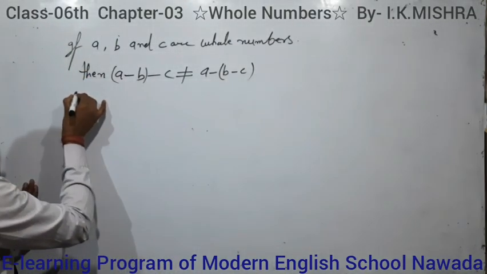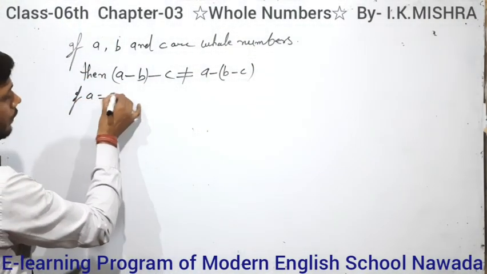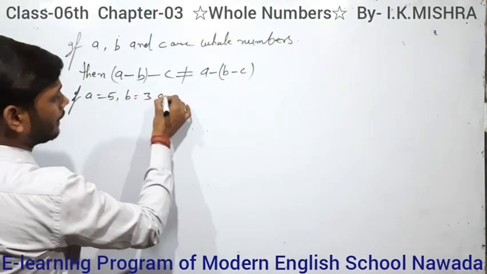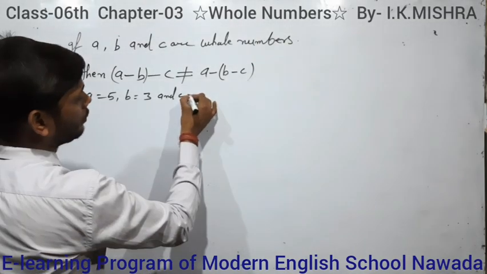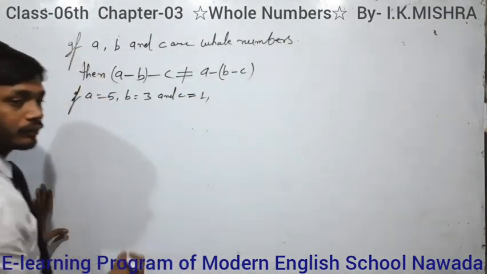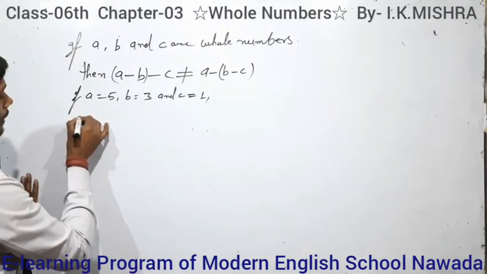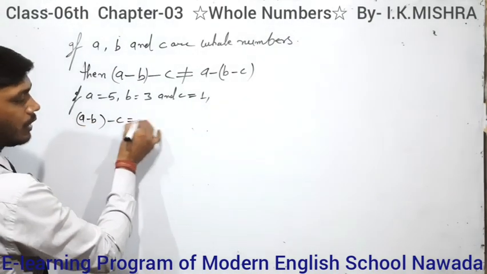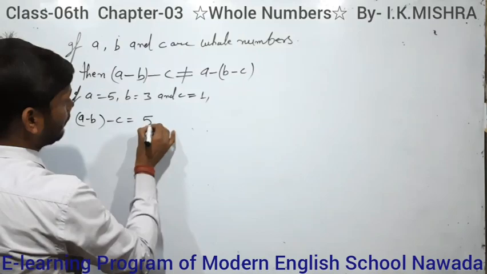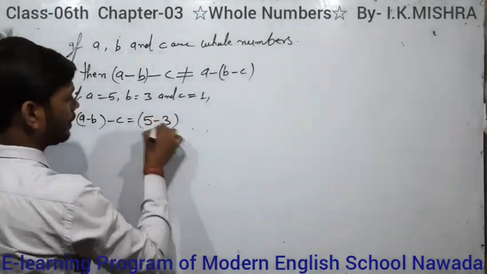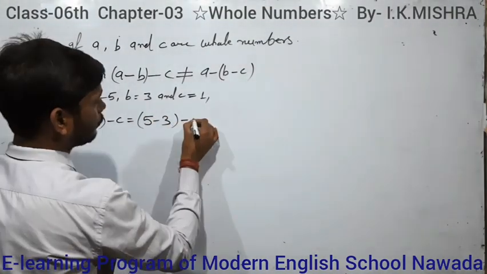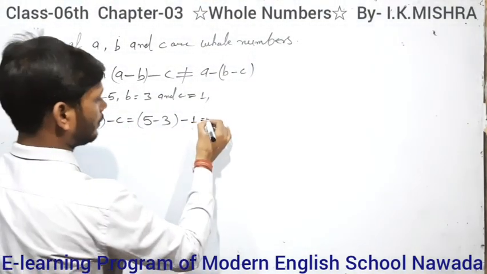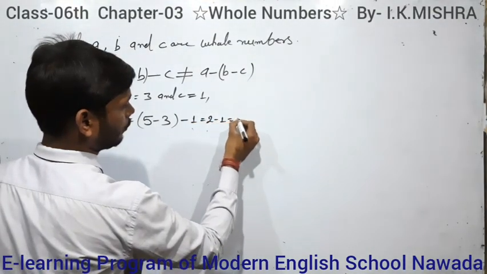If A equal to 5, B equal to 3 and C equal to 1, then (A minus B) minus C is equal to (5 minus 3) minus 1, which is 2 minus 1, equal to 1.